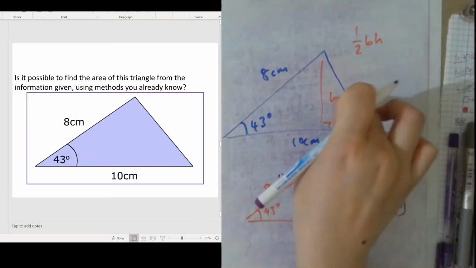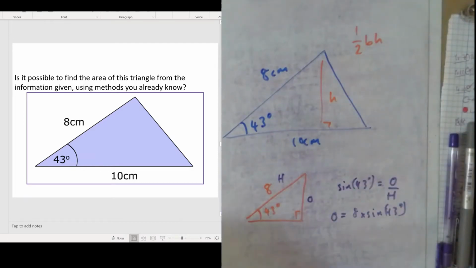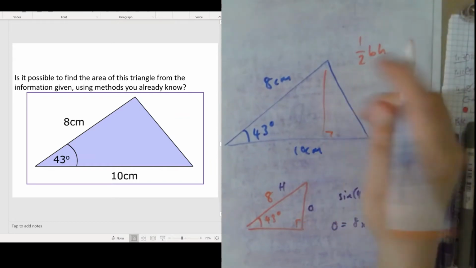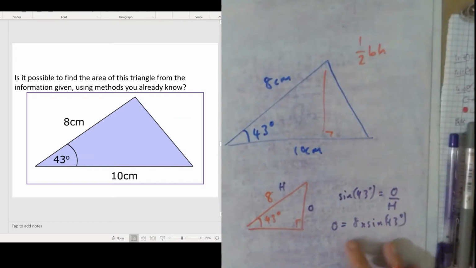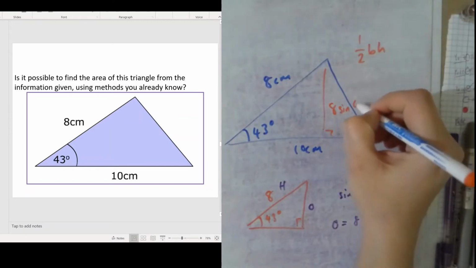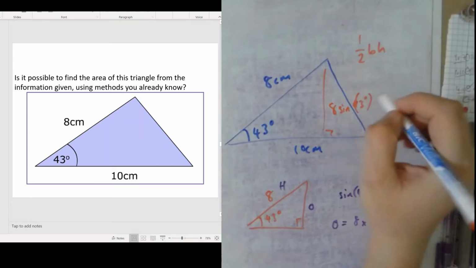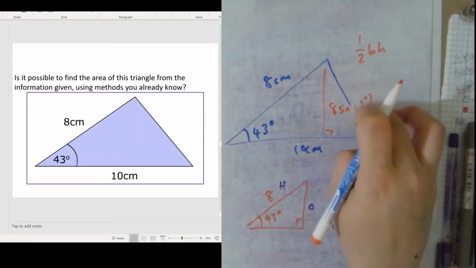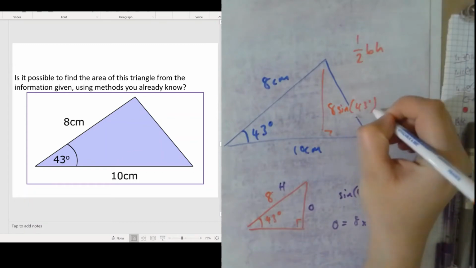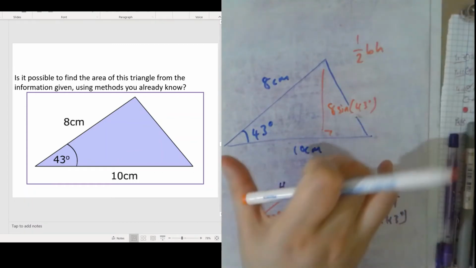I can now pop this into there. Instead of h, I'm now going to pop this in. So I've got 8 times sine 43 degrees. Okay, I've got my height, I've got my base.